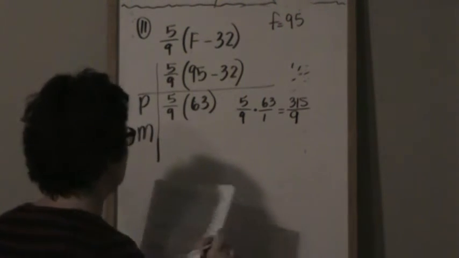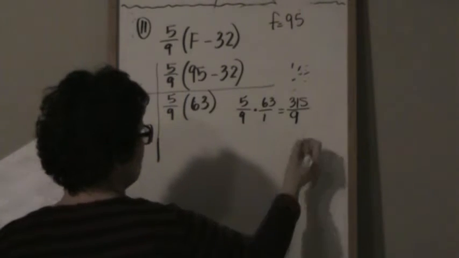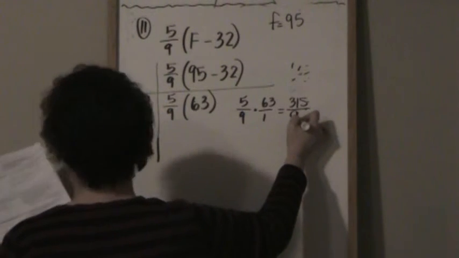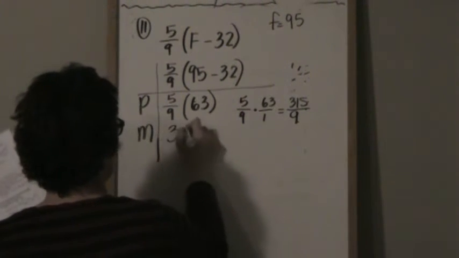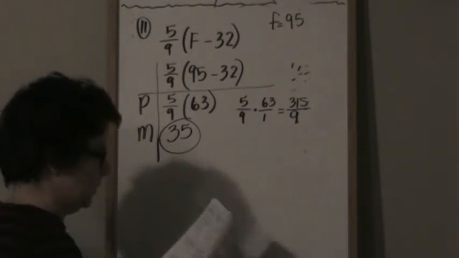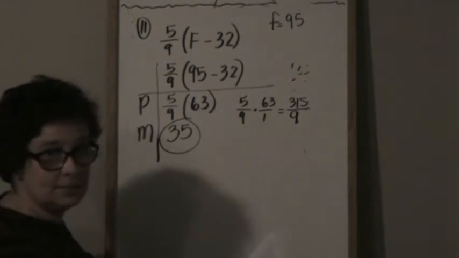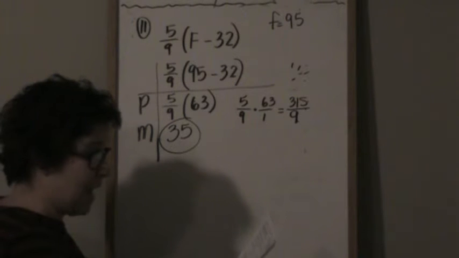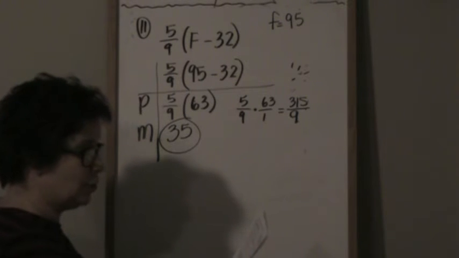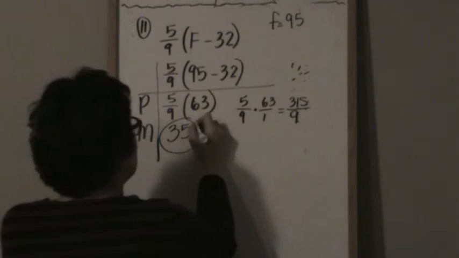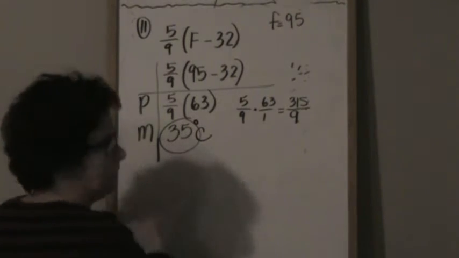And if you do your division, you will see that 315 divided by 9 is 35. So your final answer for number 11 is 35. What is the temperature in degrees Celsius? So it would be 35, that's a degree mark right there, and Celsius. Okay?